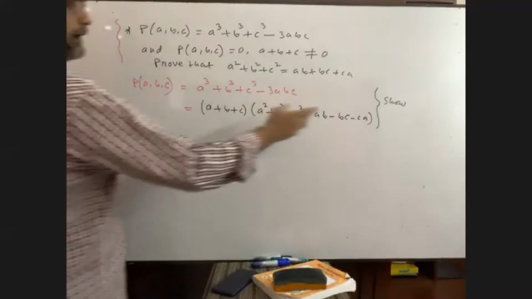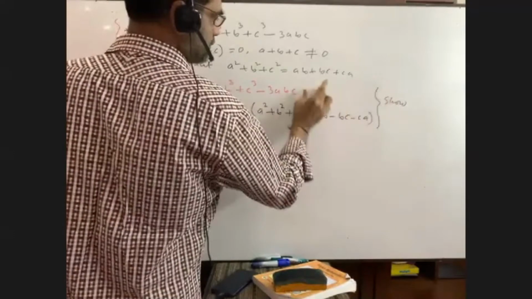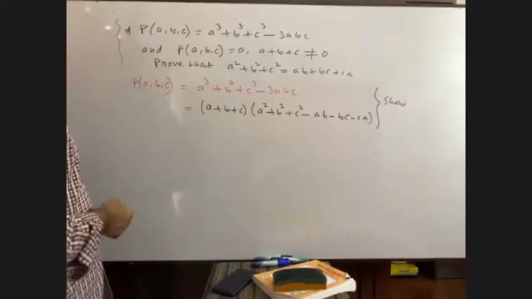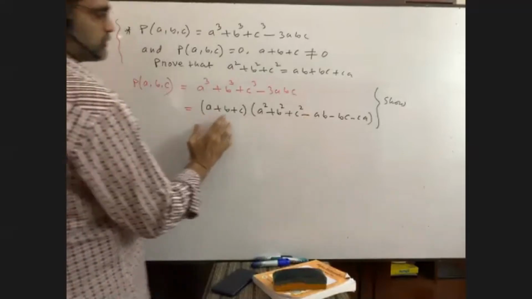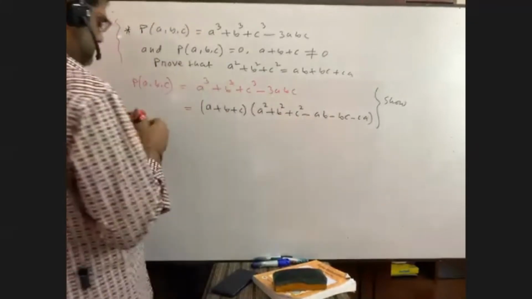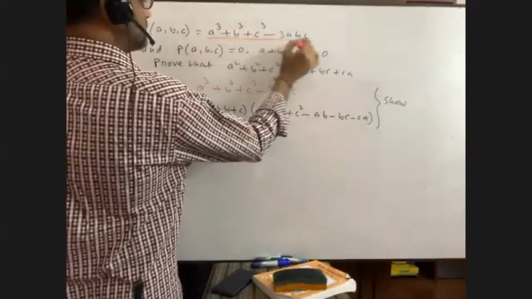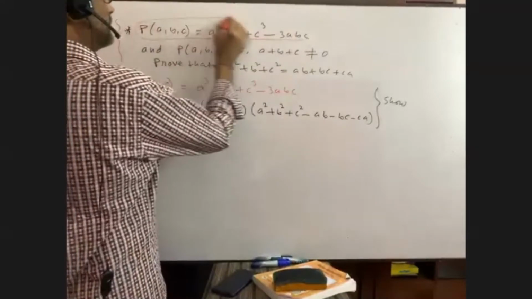Yes, you have to write it. I have written it here. You have to show how this was found, because it is given as the basic formula. So you have to prove this.